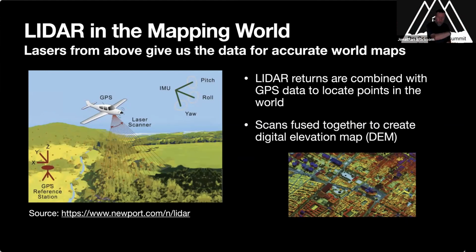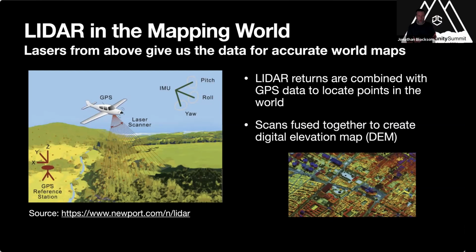And you would fly your plane around. Your plane would have a GPS on it. You would also have a GPS on the ground that was stationary. And your plane would also have an IMU, an inertial navigation recorder, and an inertial sensor that recorded just yaw, pitch, and roll, accelerometer, that kind of thing.